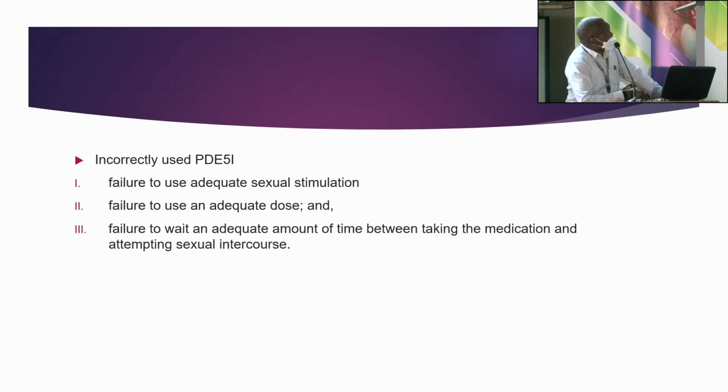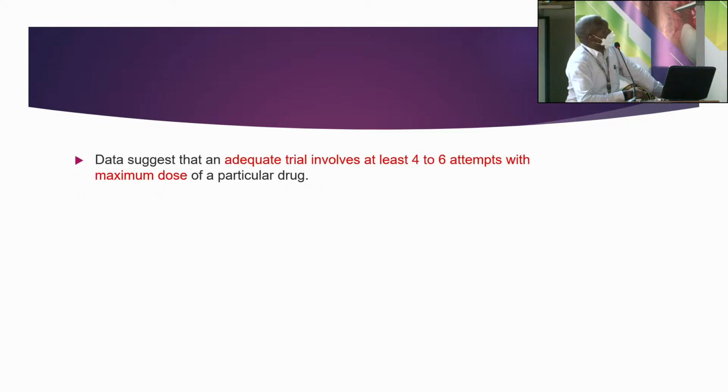Incorrect usage may be due to failure to use adequate sexual stimulation even after taking the oral drugs, failure to use an adequate dose, or failure to wait an adequate amount of time between taking the medication and attempting sexual intercourse. Data suggests that an adequate trial with a PDE5 inhibitor might involve at least 4 to 6 attempts with the maximum dose of a particular drug.